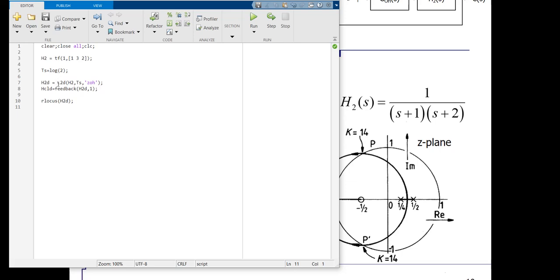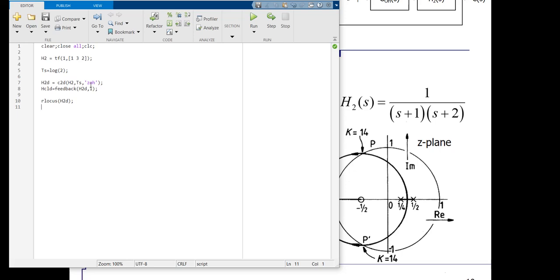I'm going to use the MATLAB command c2d to z-transform my system plus my zero order hold to the Z domain. And c2d, continuous to discrete, is a very useful function in MATLAB to do that transform by filling in the first parameter, the system I'm going to Z-transform, using the ZOH, zero order hold transformation.